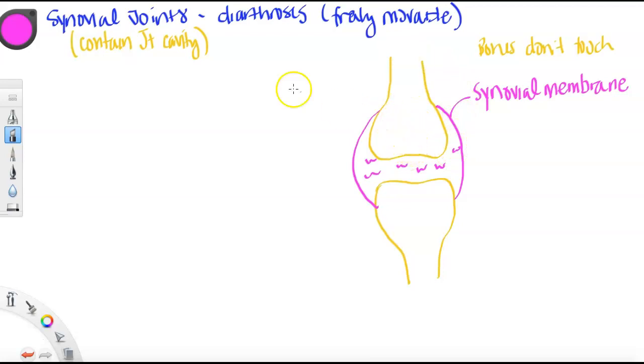The bone ends, you should already know, are covered with articular cartilage, so hyaline cartilage. Okay, but there's no periosteum here, so I want to kind of cover that.